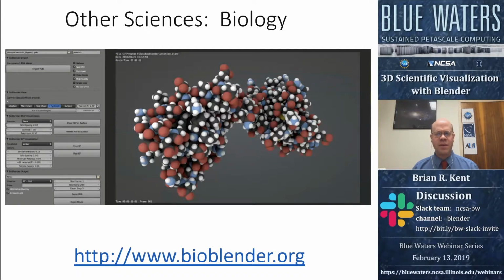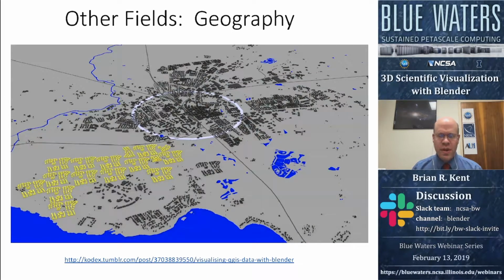So definitely check out their project. And also with geographic information systems and geography and GIS, Blender has been used to actually map out urban areas like you see in the graphic here. So there's a wide range of different topics and different sciences that I think Blender is advantageous to use in.